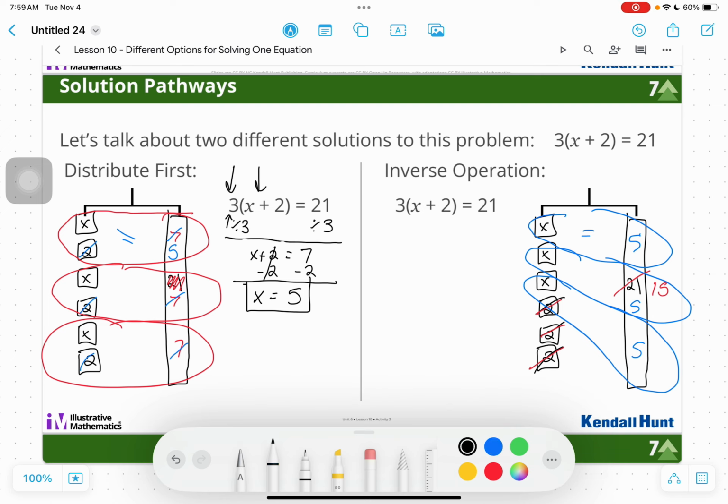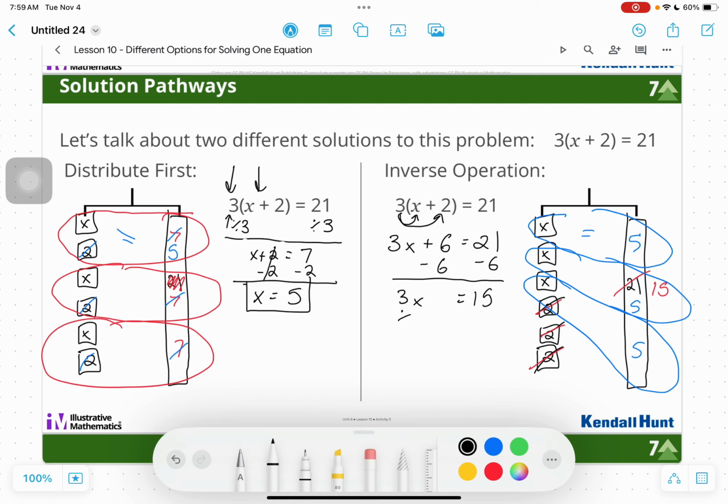To do this algebraically, I can distribute my 3 to each piece. 3x plus 2 times 3, which is 6, equals 21. Then remove my 6 from each side. 3x plus 0, but I don't need to add 0, equals 21 minus 6, which is 15.